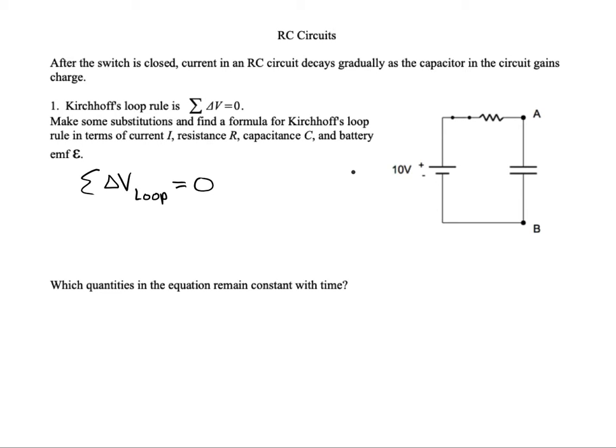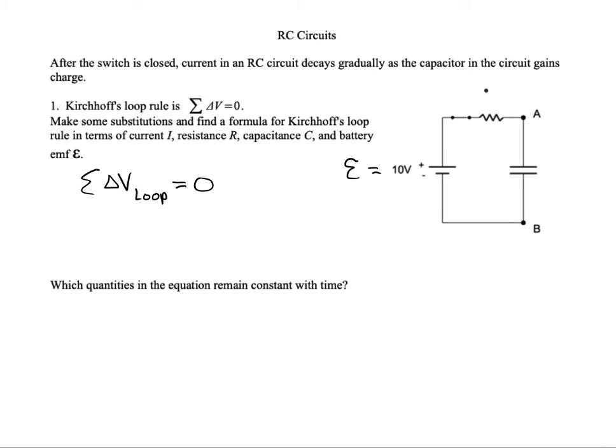In this RC circuit, we have a battery with an EMF of 10 volts. And the battery's job is to maintain a constant potential difference for as long as the battery has energy to do so.